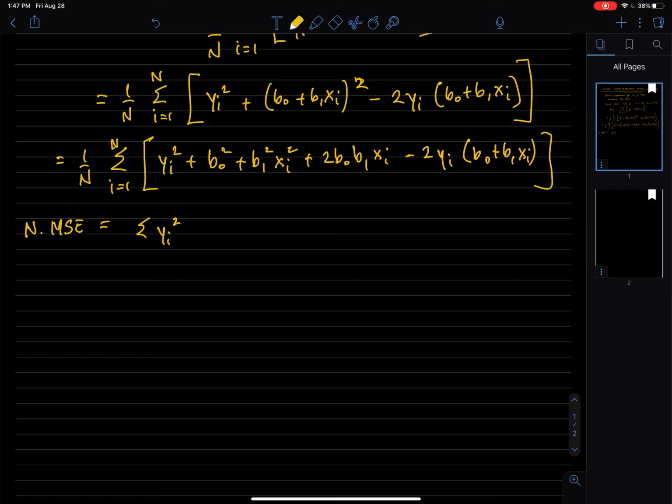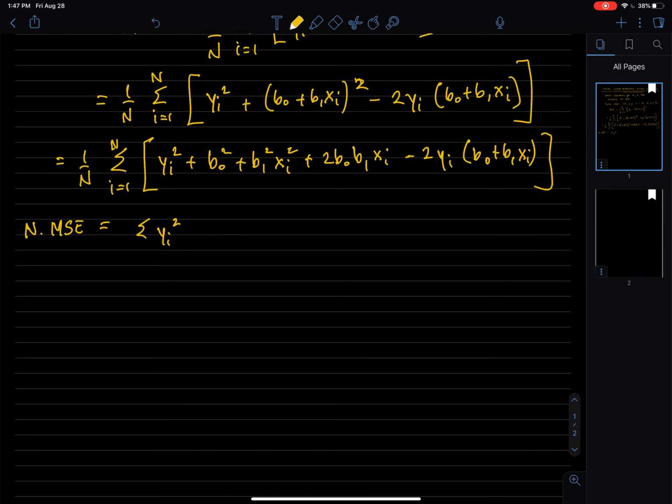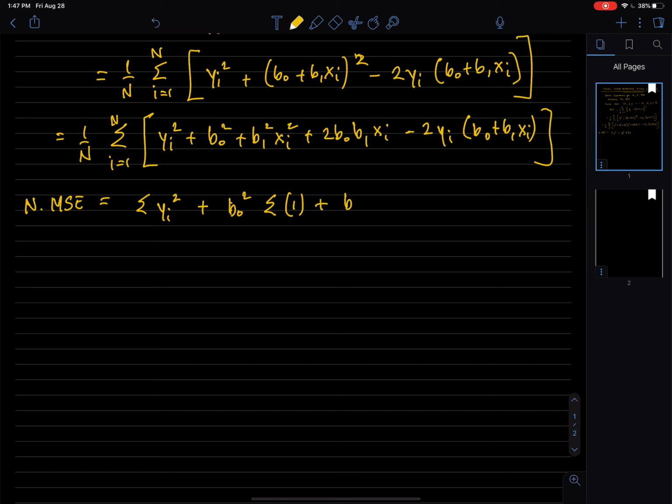And then plus b naught square summation i equals 1 to n of 1 essentially, right? So sitting inside the brackets is the number 1. And then plus b1 square summation xi square is what we have here.